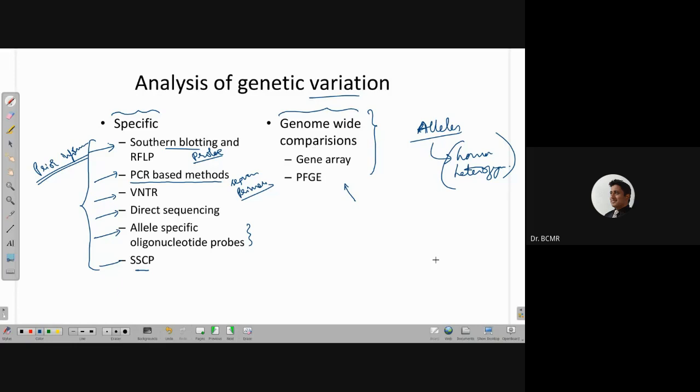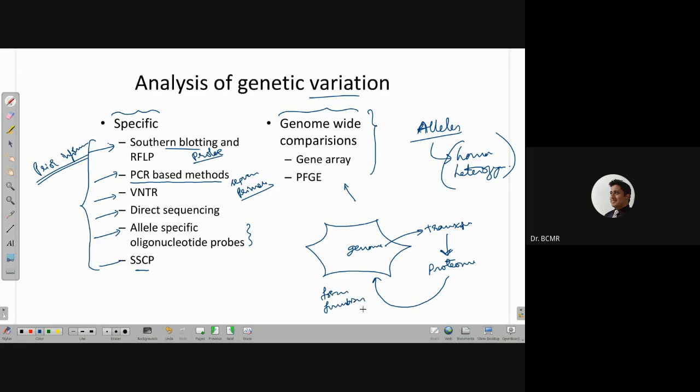So basically, what I want you to remember is there is the genome, and the genome will give rise to the transcriptome based on the conditions and the signals. The transcriptome mostly results also in the proteome, and the proteome will give the structure or the form and function to the cell, right?